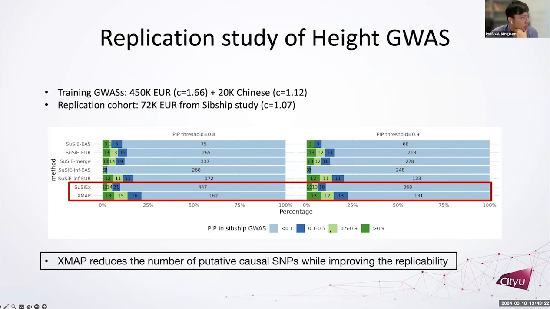The light green shows a PIP between 0.5 and 0.9, and the deep blue shows a PIP of 0.1 to 0.5. We can look at these 3 clusters. If these 3 clusters take a large proportion, that means the putative causal SNPs identified by that method are more replicable. So we can see that XMAP actually has a larger replication rate compared to other methods.